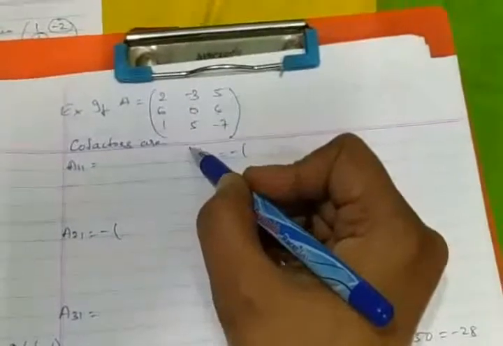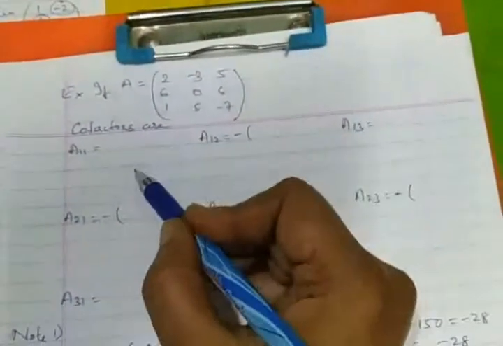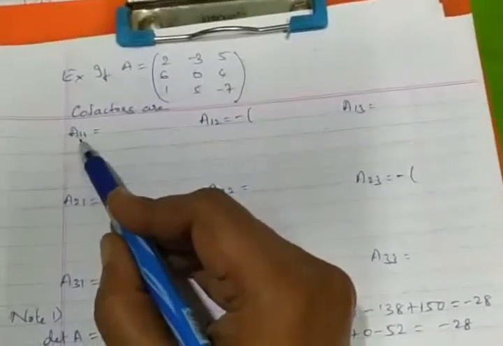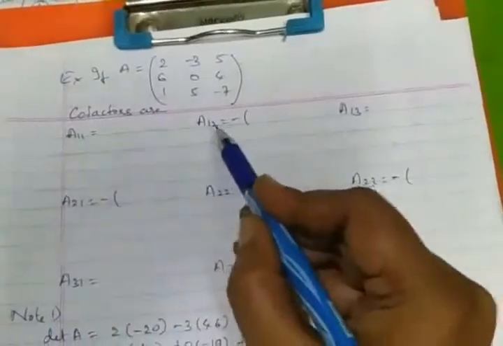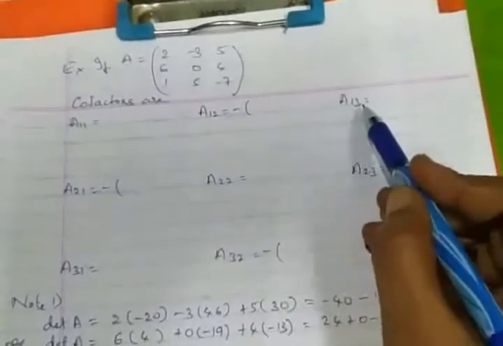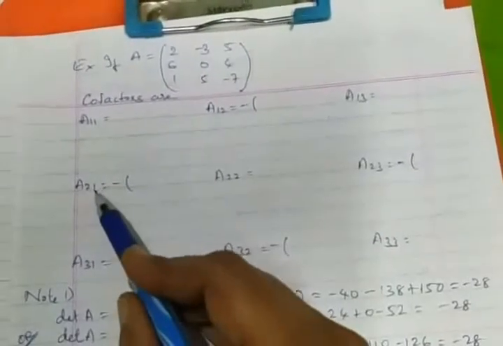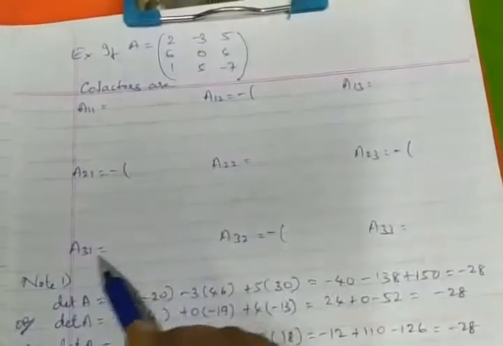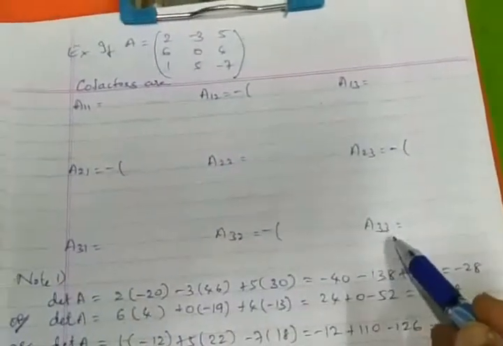So to begin with the cofactors here, first prepare a chart like this, where I say first row, first column, first row, second column, first row, third column, second row, first column, second row, second column, A23, A31, A32, A33. Got it?